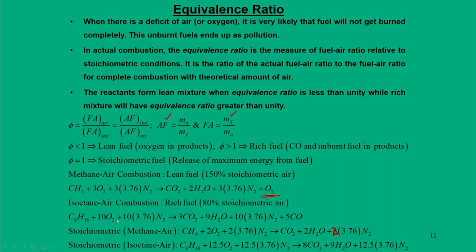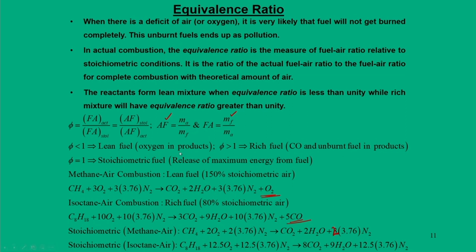And then once you do this, we can have a balanced chemical equation that forms CO2, water, nitrogen, and here we have carbon monoxide as well as unburnt fuel that remains, because the fuel did not get a sufficient quantity of air.